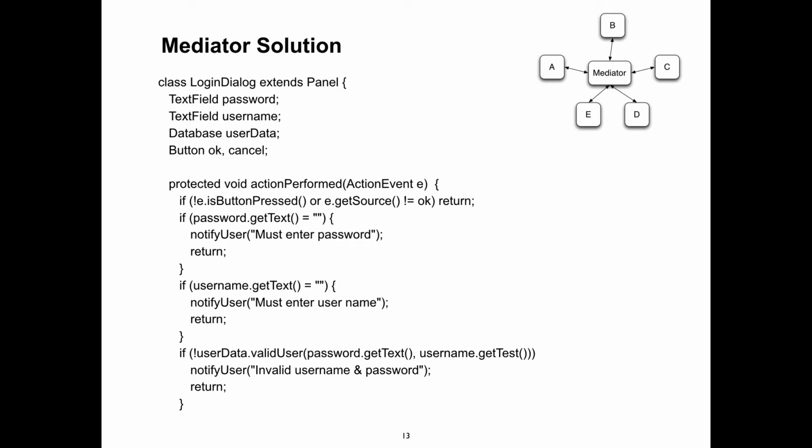Yeah. So in the model view controller, the controller is kind of the mediator. Yeah, we'll get to that pattern. Originally in the model view controller, the controller handled the input.